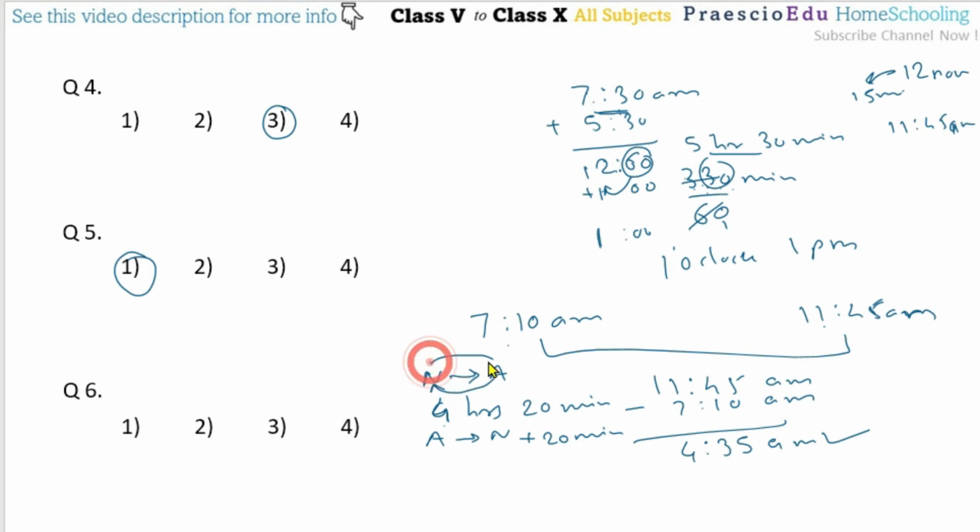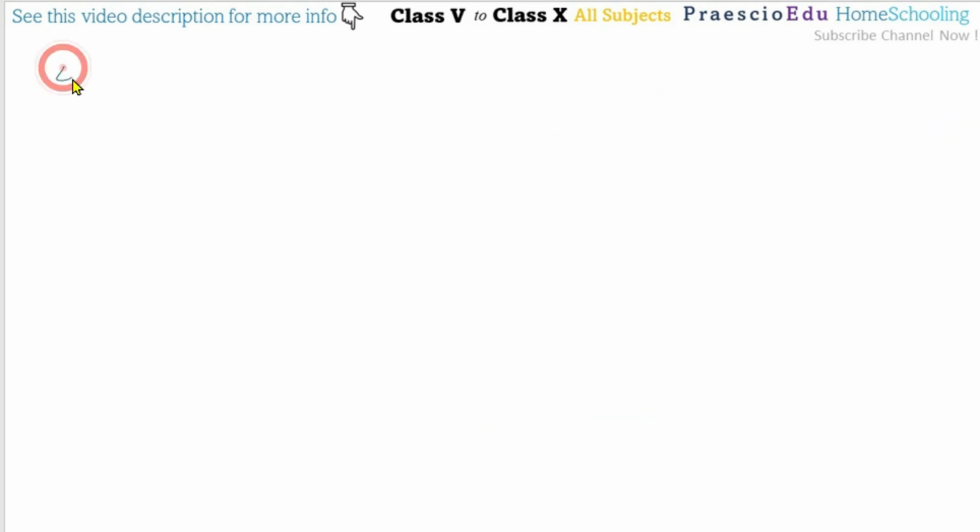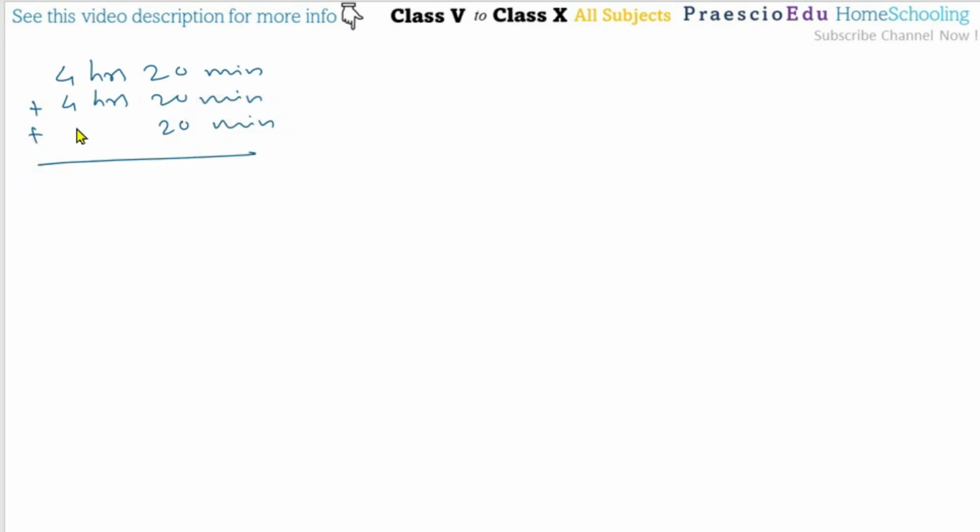As we know, Nagpur to Amravati is 4 hours 20 minutes, and Amravati to Nagpur is also the same, but additionally it will take 20 minutes. So I will note down here: 4 hours 20 minutes, then the return journey is also 4 hours 20 minutes, but it takes 20 minutes more.